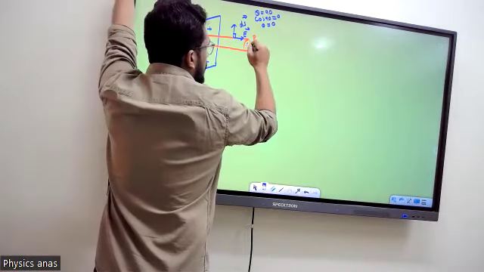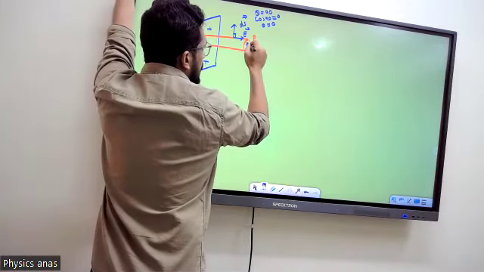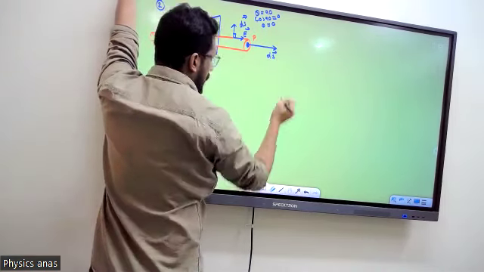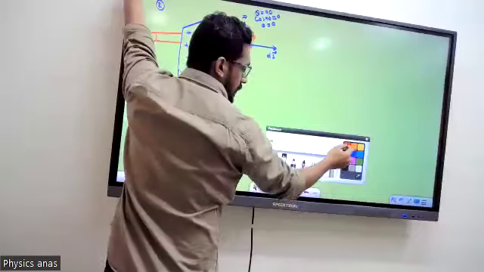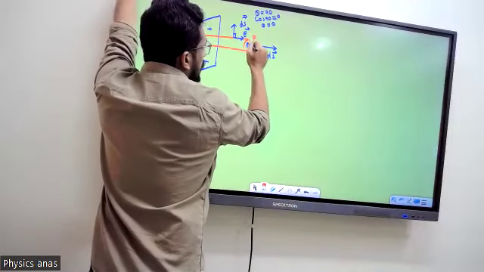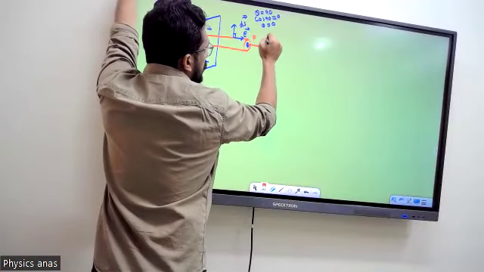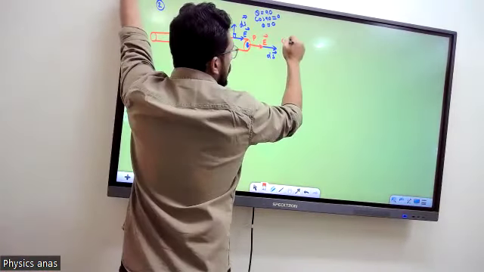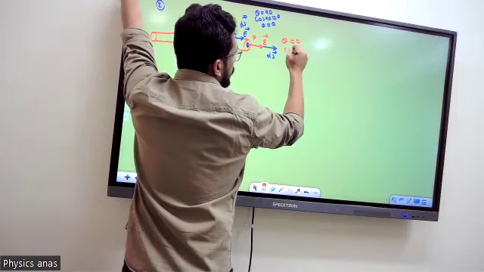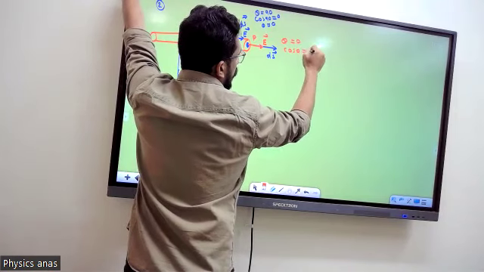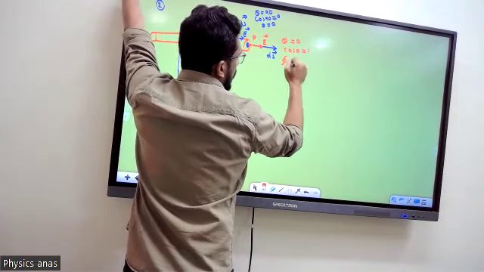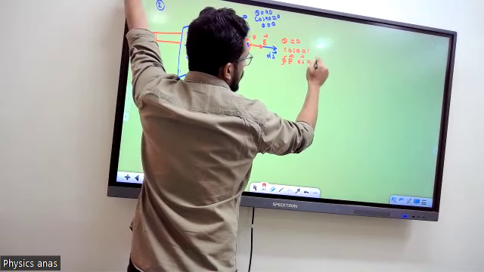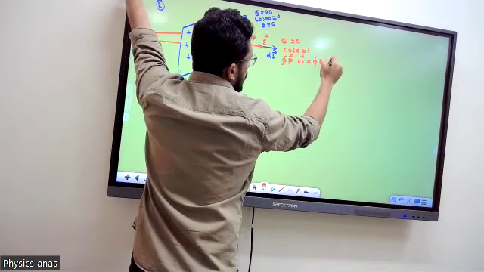If you are taking a small area ds, the area vector ds will be like this, and the electric field will be away from the positive charge, like this. Theta is 0 here. If theta is 0, cos 0 will be 1. That means integral E dot ds will be just E ds.